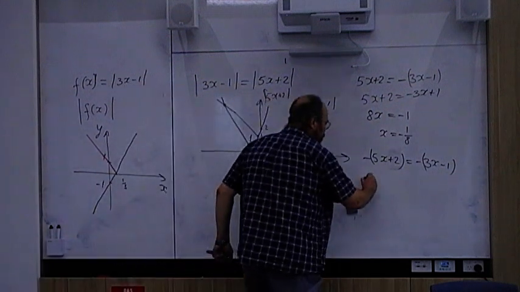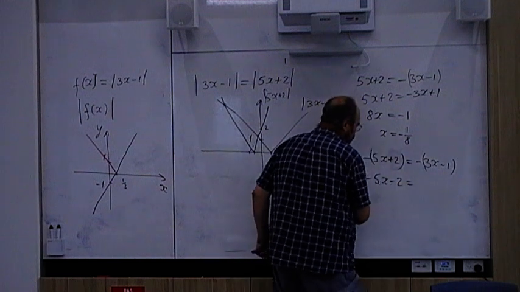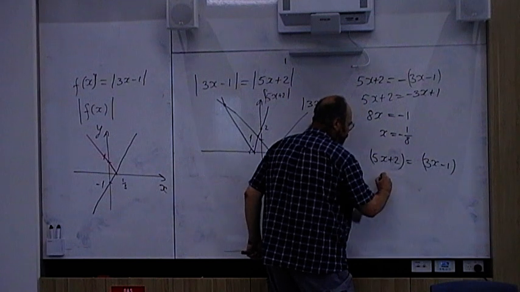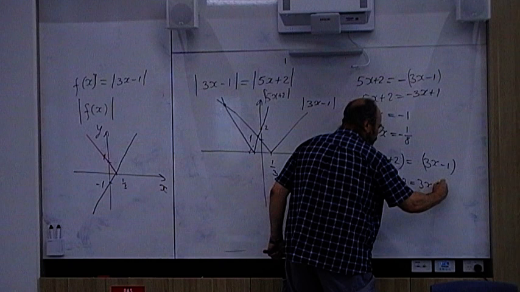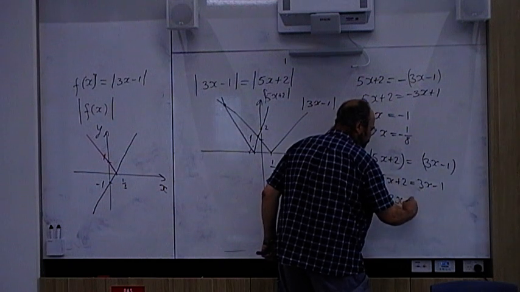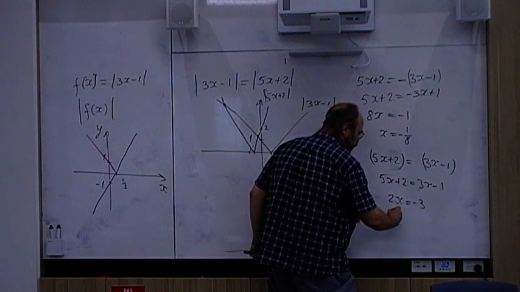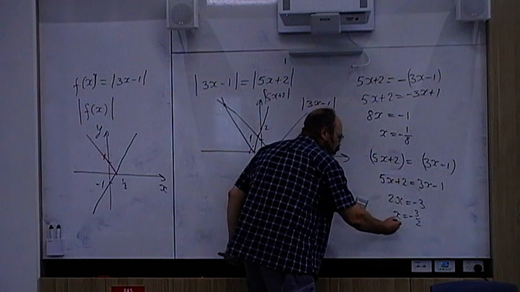So we have minus 5x minus 2 equals, or we can drop the negative, so we have 5x plus 2 equals 3x minus 1. We have 2x equals negative 3, and x equals negative 3/2. So we have two solutions.